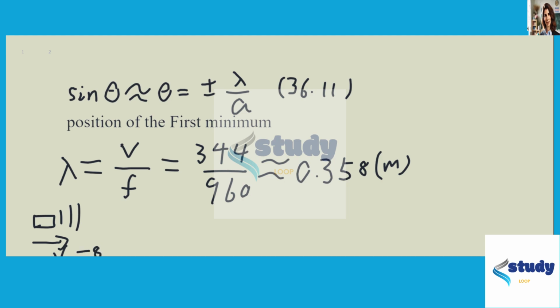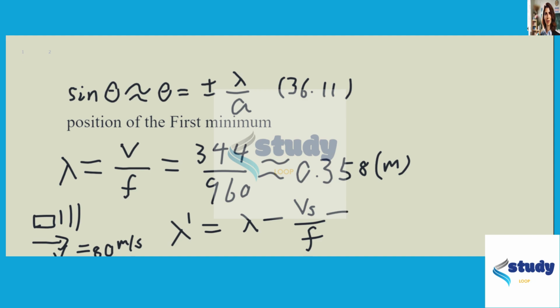But here we notice that we have a sound source that is traveling, and the velocity of the source equals 80 meters per second. So here we have a new wavelength, which we call lambda prime. It equals lambda minus the velocity of the source towards the audience, divided by its original frequency.